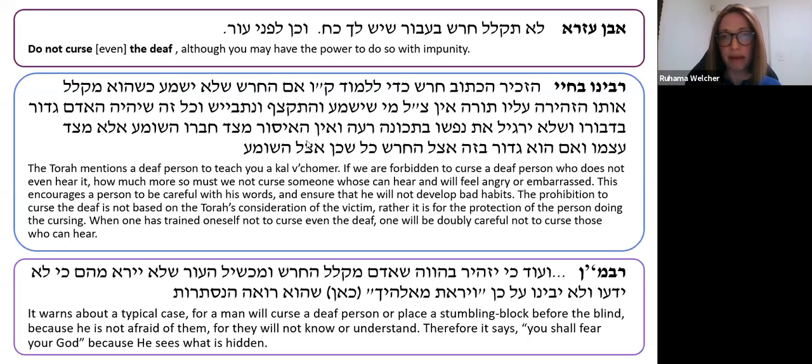Whereas the Rabbeinu Bachya is very clear that the Torah is not worried about the blind or deaf person. They're not necessarily going to be affected. The deaf person doesn't know that you've cursed him. The Torah is worried about your midas, that you shouldn't become a person who curses. So Ibn Ezra and the Ramban are concerned about the victim. Rabbeinu Bachya is concerned about the perpetrator. You shouldn't be the one who is a cursing person who speaks this way to another human being.